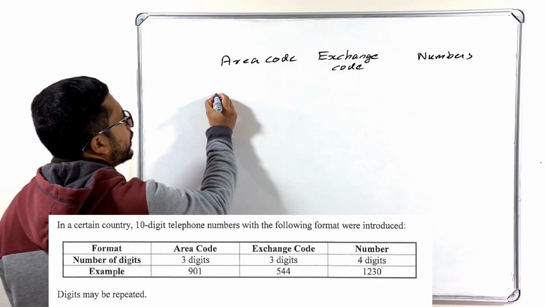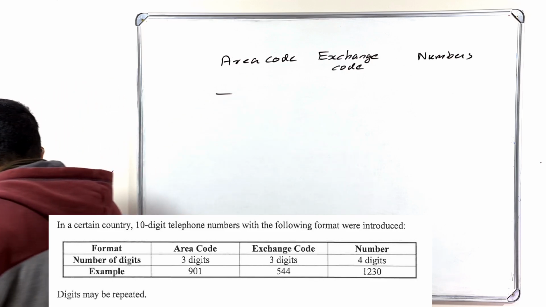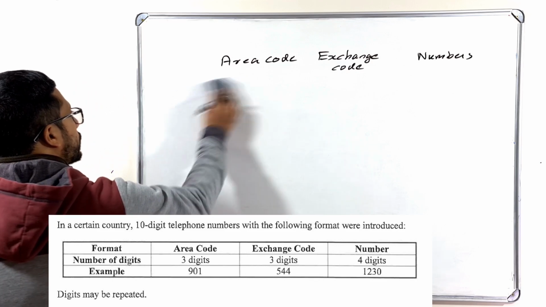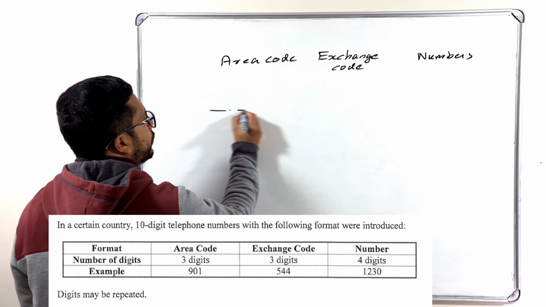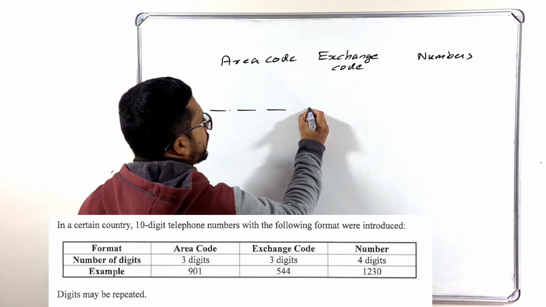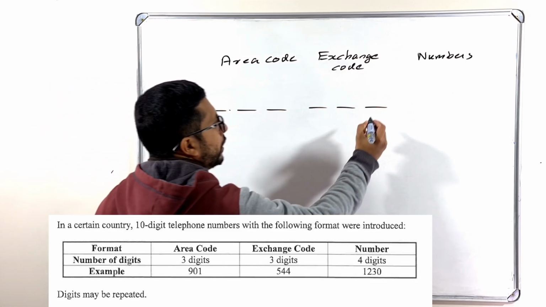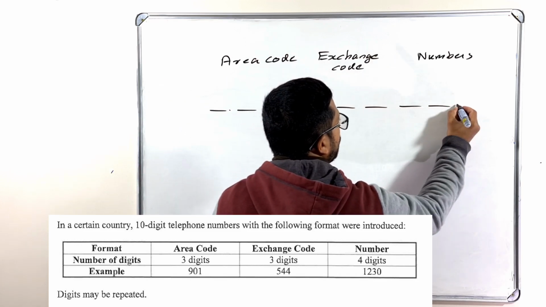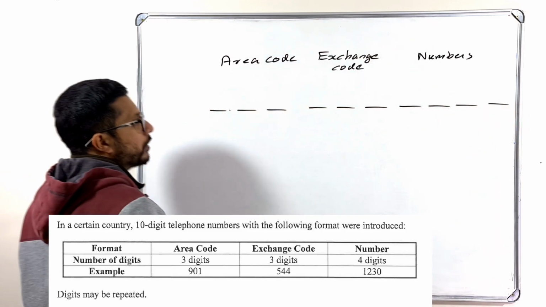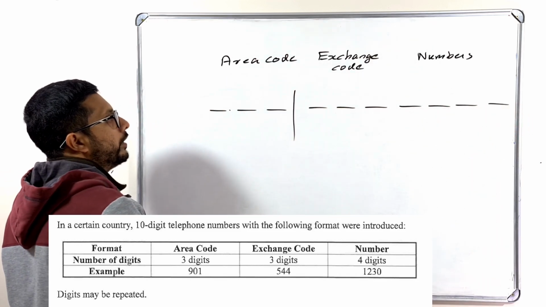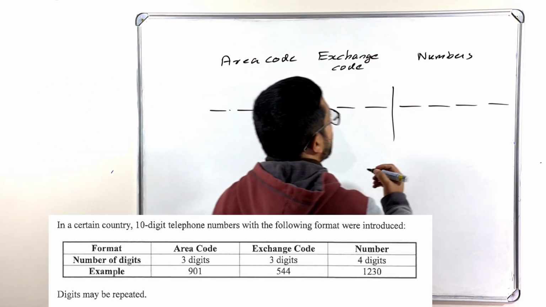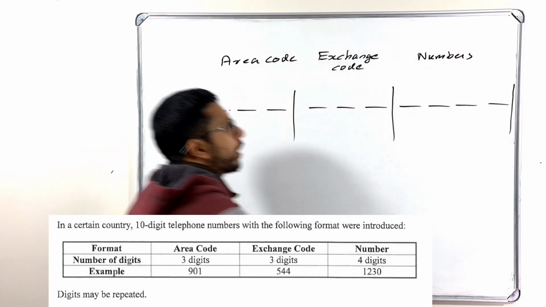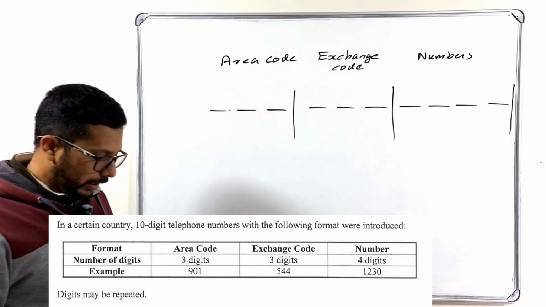The first three, 1 2 3, then the next three, 1 2 3, then the next four, 1 2 3 4. The first three are the area code, the next three are the exchange code, and the next four are numbers.